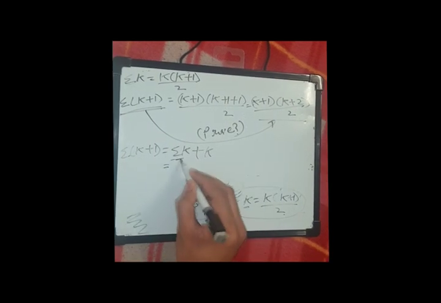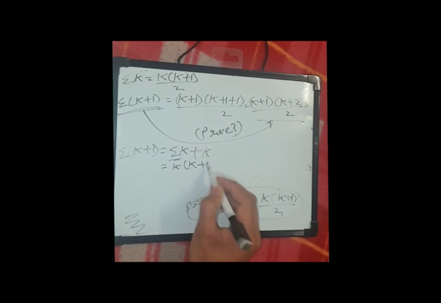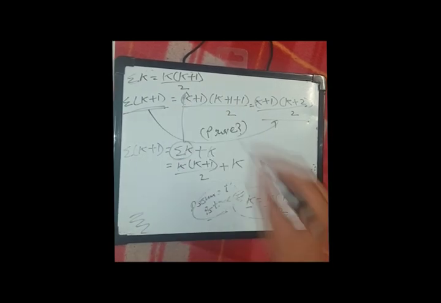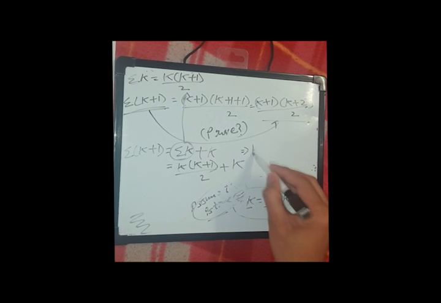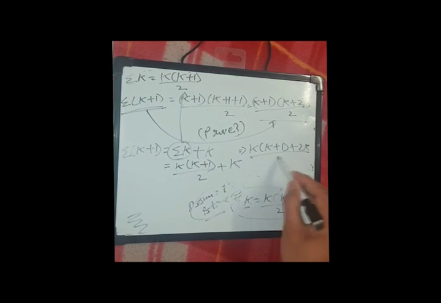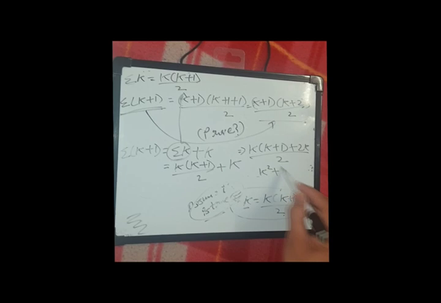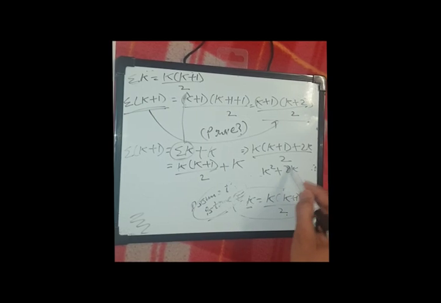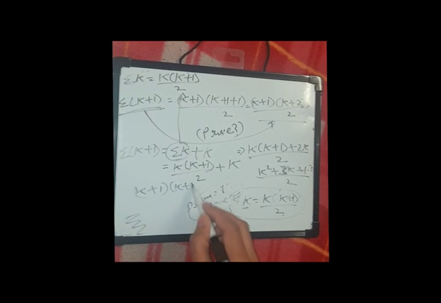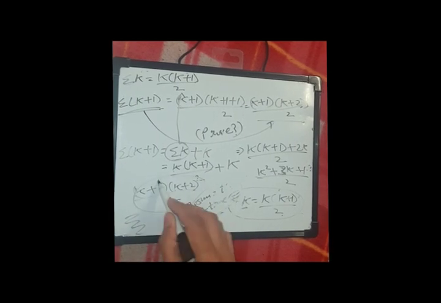Then we put in the value from our assumption and calculate it: k plus 1 plus 2k divided by 2, k square, sorry, 3k plus 1 by 2. When we factorize this, we can say that k into k plus 2 by 2 is our result.